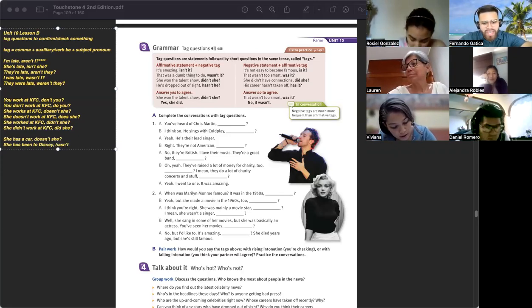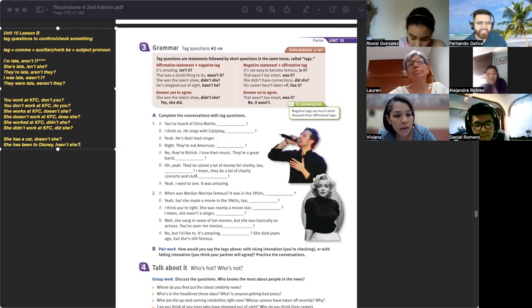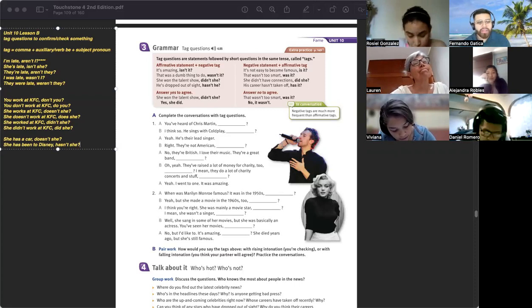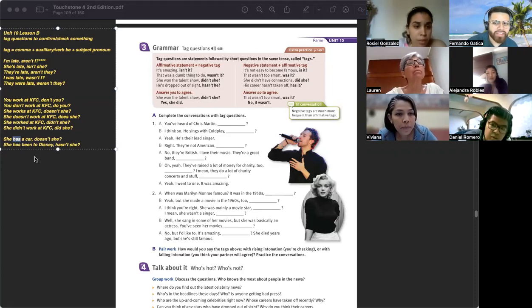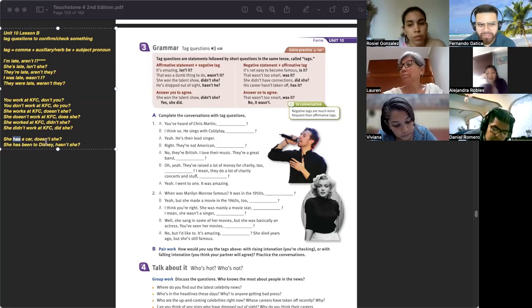She has been to Disney, hasn't she? So be careful. If you see has by itself, this is doesn't. Now, if you see has with another verb, it's present perfect, and you're going to use hasn't.